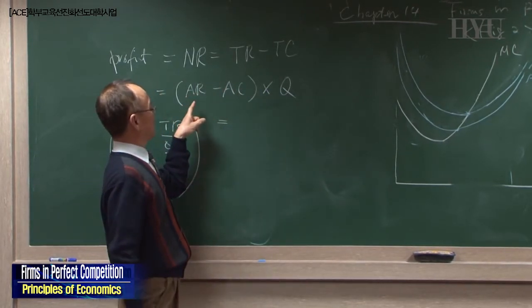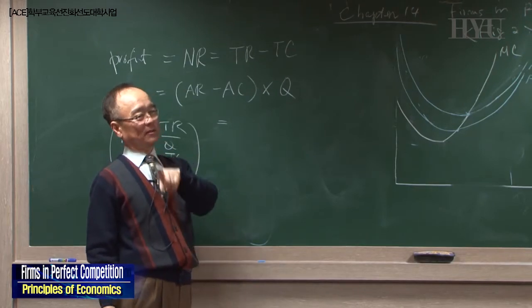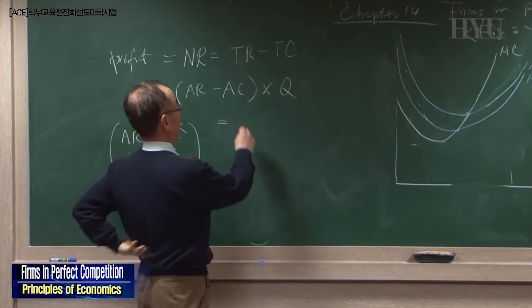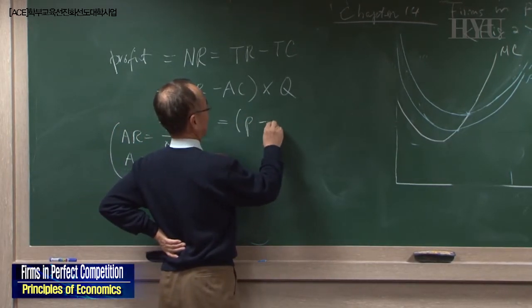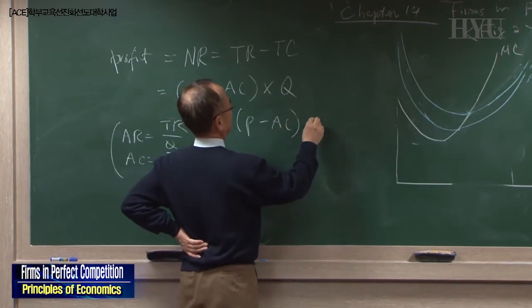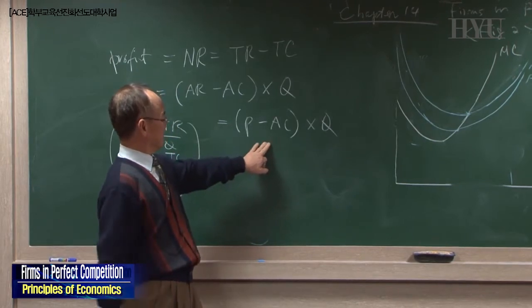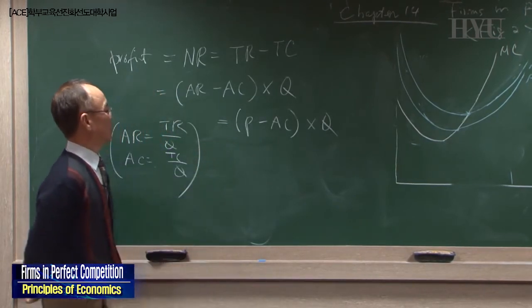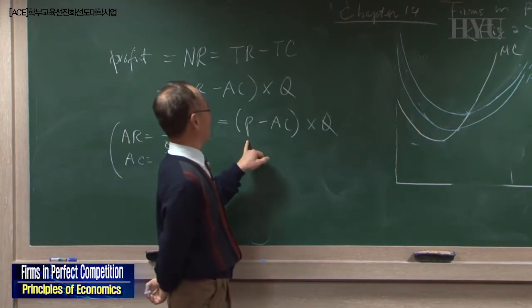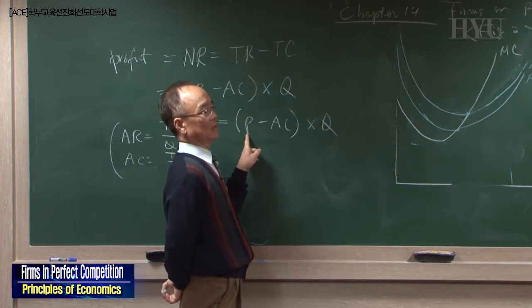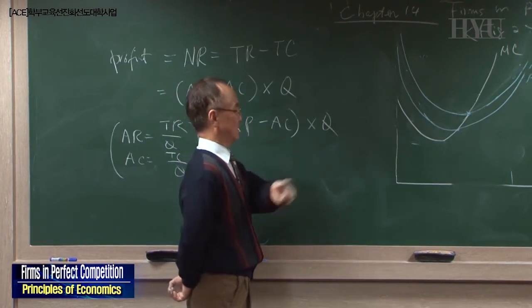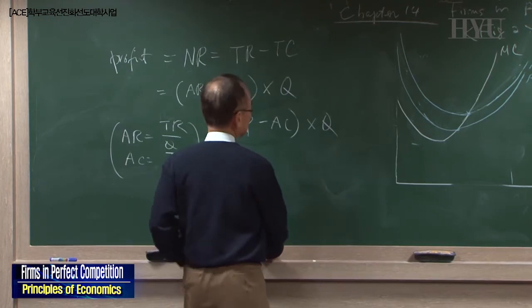One good thing about this equation is, what is the average revenue? That's P, right? P is market price, and AC is multiplied by Q. This gives us the beauty of this equation. P is known to everyone. Okay, let's come back to this relationship.